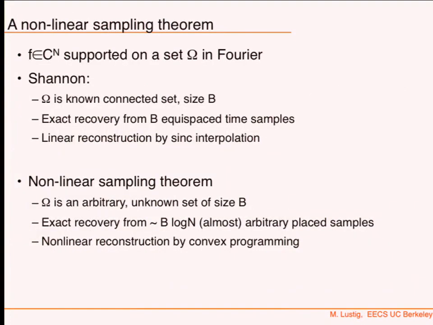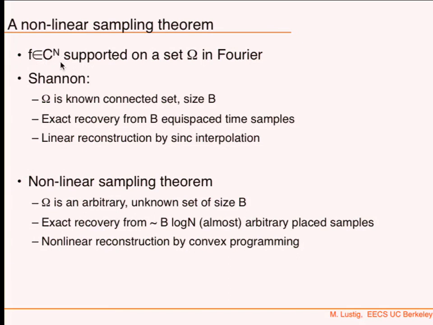Okay, so here's a kind of nonlinear sampling theorem in this case. Because first of all, minimizing the L1 norm is nonlinear. You minimize a nonlinear function. So in the case of Fourier sampling, or band-limited signals, this is the Nyquist one.